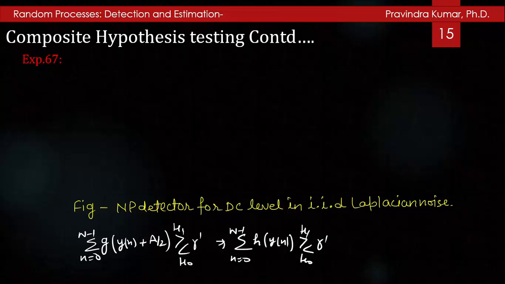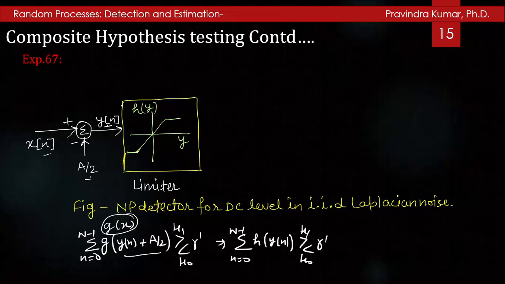So the NP detector for a DC level in independent identically distributed Laplacian noise: the block diagram will be x[n], minus A by 2, giving y[n]. So here y[n] plus A by 2 will be x[n] into g(x). In place of g(x[n]) you have written here g(x[n]) plus A by 2. So here in place of x[n] you will write y[n] plus A by 2, and after this you will have a limiter.